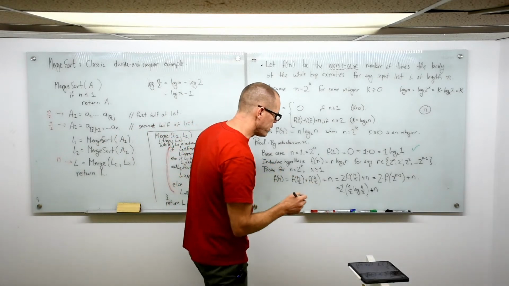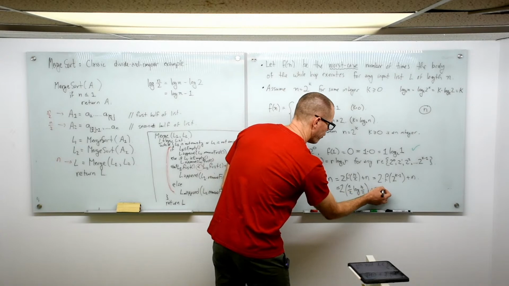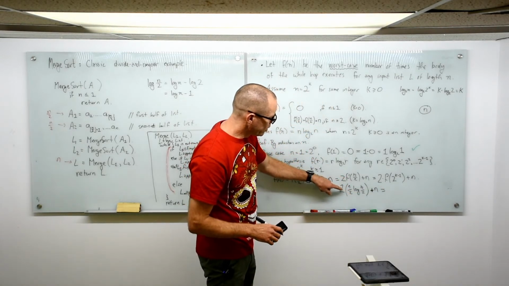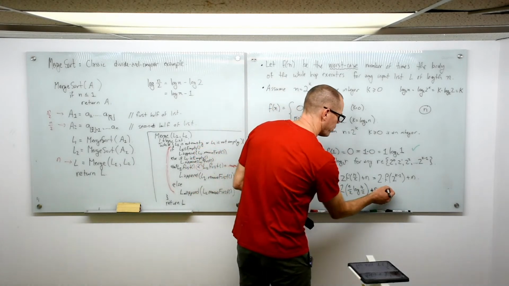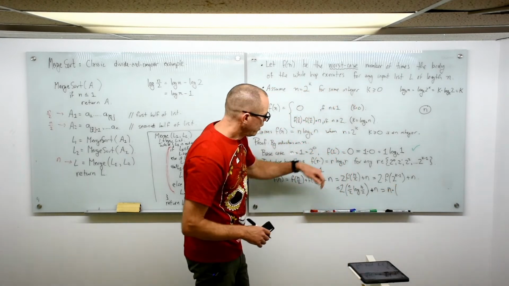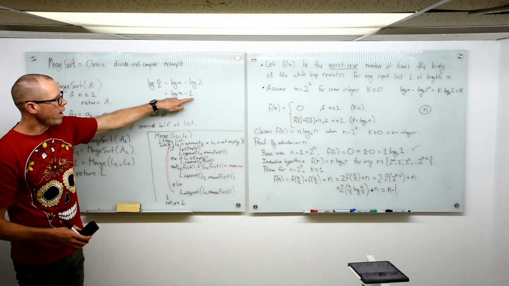So let's write this down carefully. We have 2 times n over 2, so those 2's cancel out. So we get an n in front. Log of n over 2 is just log of n minus 1.